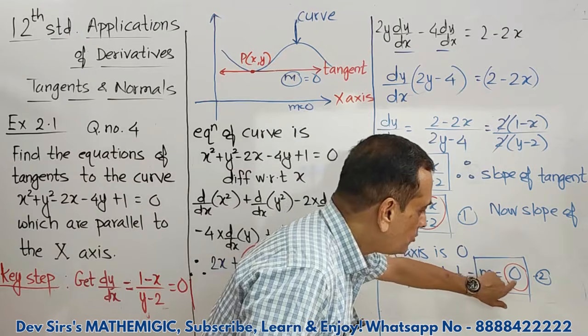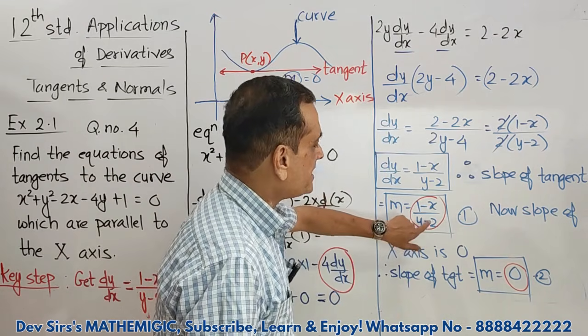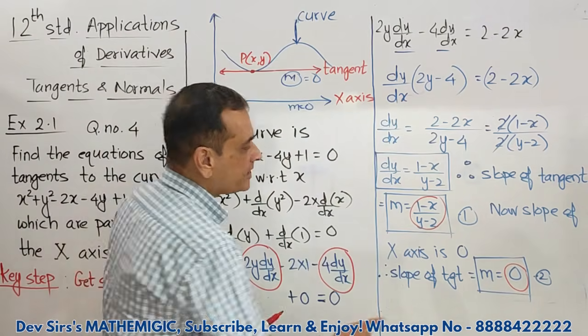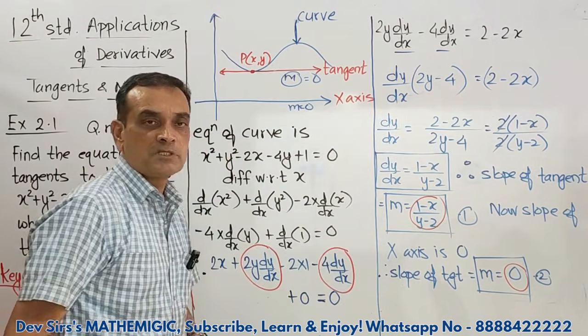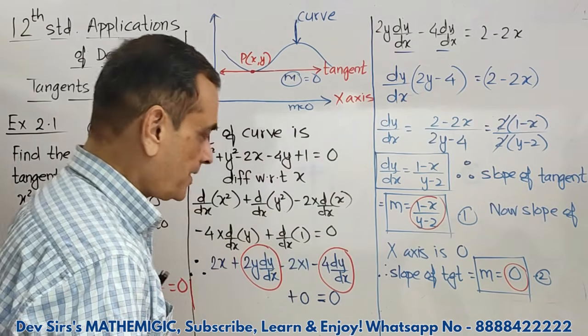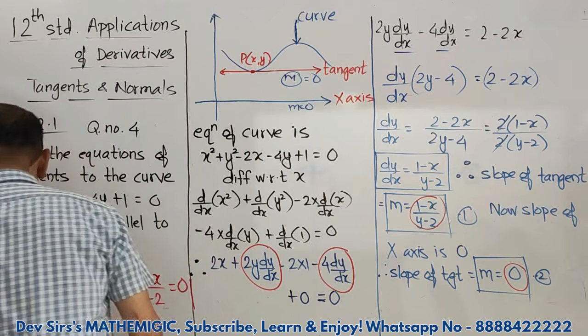So RHS equal to RHS. So 1 minus x upon y minus 2 equal to 0. Transitivity from equations 1 and 2. It is a simple thing. So now I will equate RHS and RHS. Let's see how to go ahead.